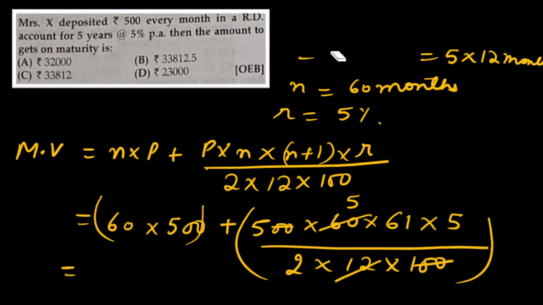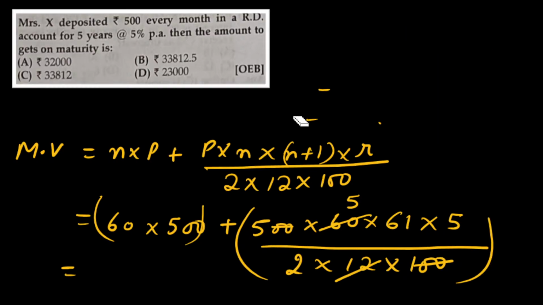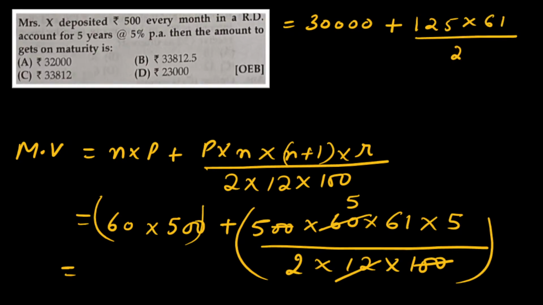So here I'll simplify this. 6 into 5, 30. 3 zeros we can write, 1, 2, 3. Plus this, if we simplify, what will we get? 5 into 5, 25. So all the numbers we have to multiply. 25 into again 5 is 125. 125 into 61 by 2. So this is what we'll get here.